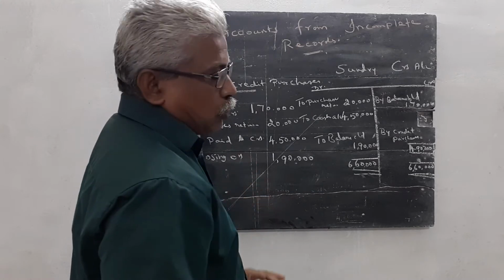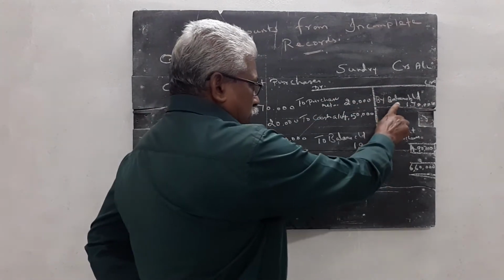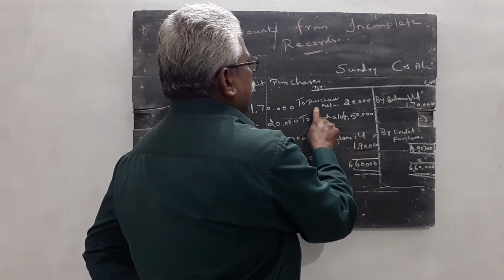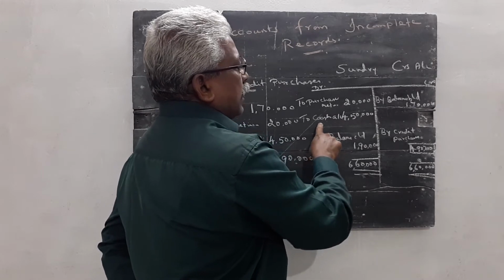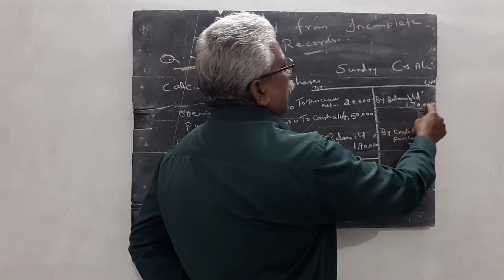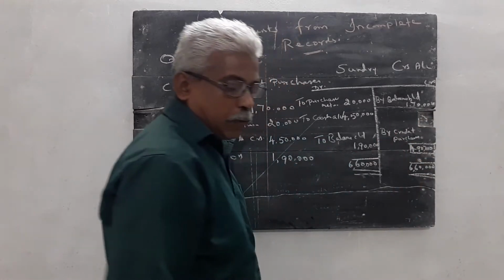The simple procedure: first we open the sundry creditors account, opening balance is entered here, closing balance is entered here. Purchase return is entered here, cash paid to creditors is entered here. Total all these items. 6,60,000 minus 1,70,000 is equal to 4,90,000. This is the answer for question number 14.